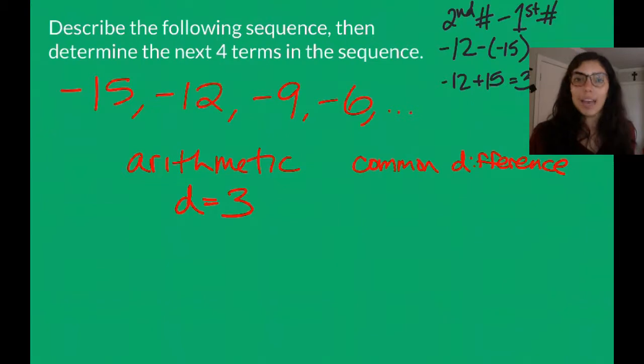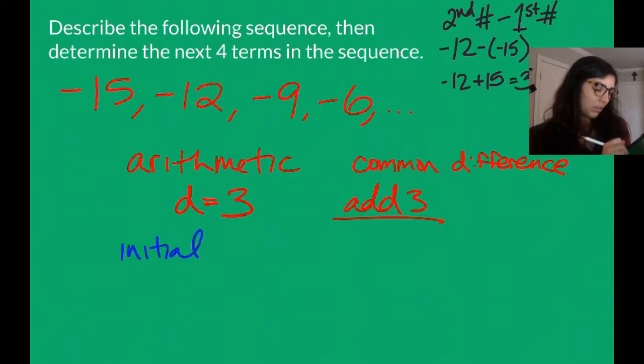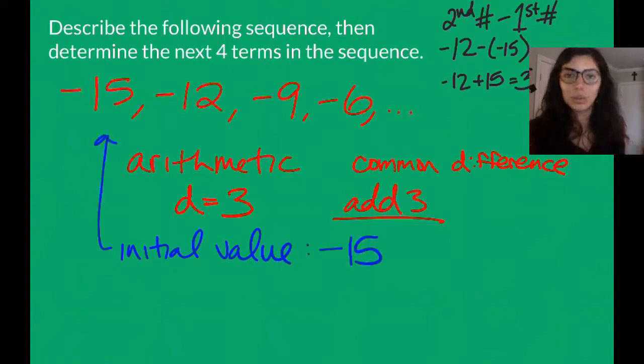Because we are adding 3 each time. So again, initial value is the first number in the sequence. So in this case, negative 15 would be my initial value, since it's where my sequence begins.